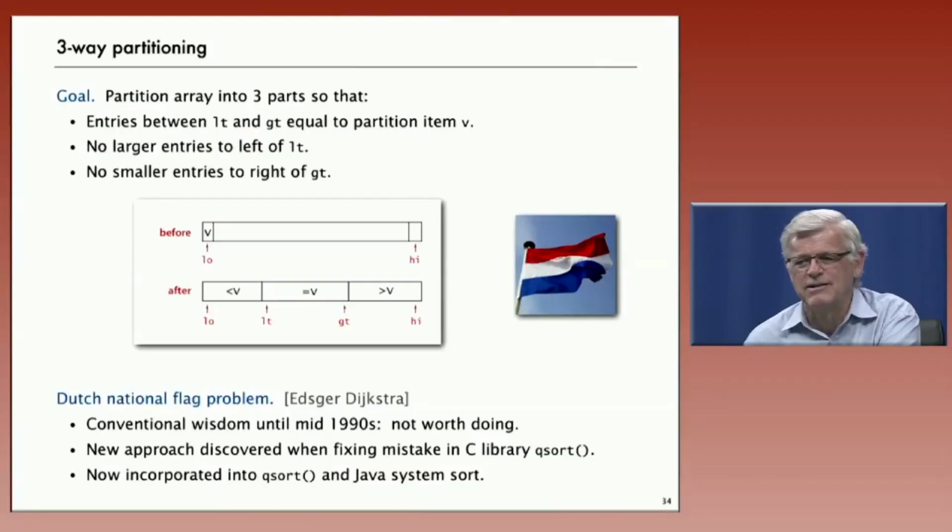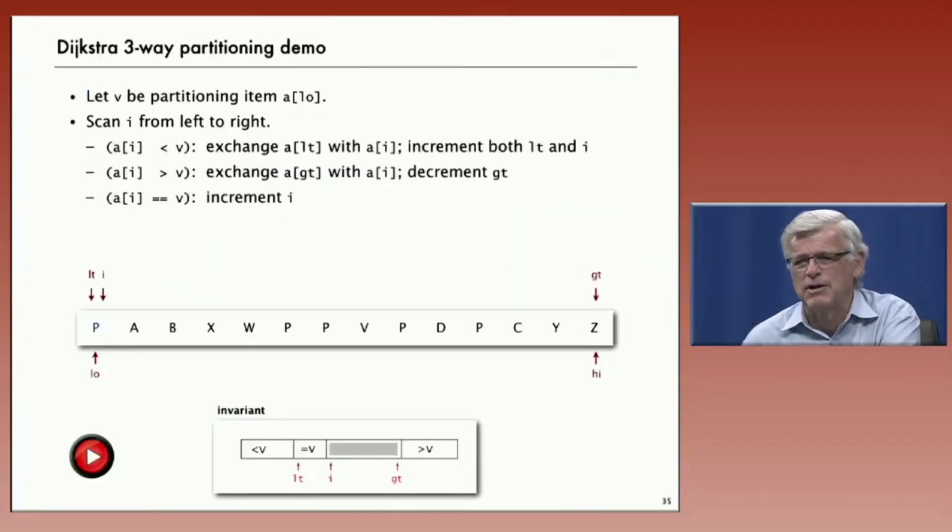But in the 1990s, we figured out that this was really going to be an effective way to sort, when looking at the Quicksort that a user found was broken. Now this method is incorporated into plenty of system sorts. So let's take a look at how it works with the demo.